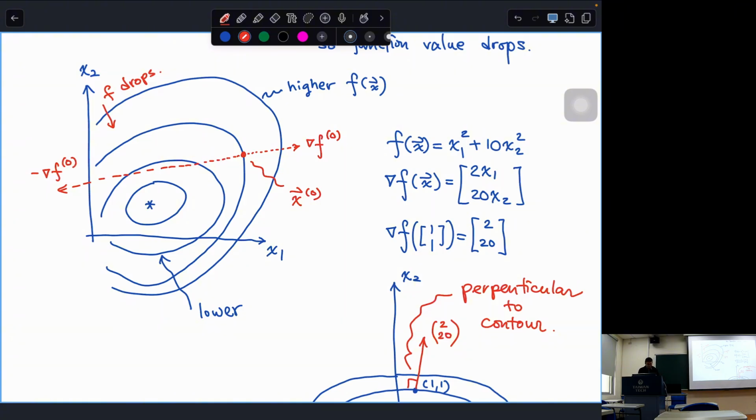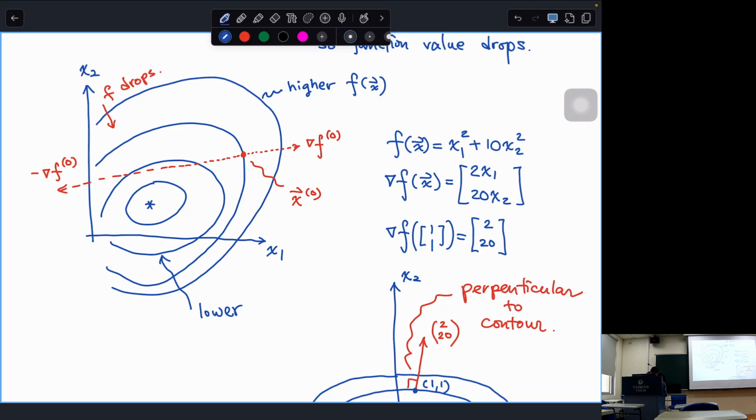Along this line, where is the position with the lowest function value? This is like function value level 3, level 2, level 1.5, level 2 again, level 3. So it's somewhere here.